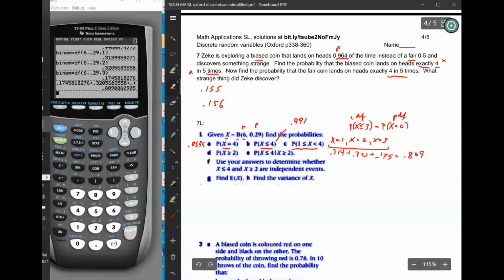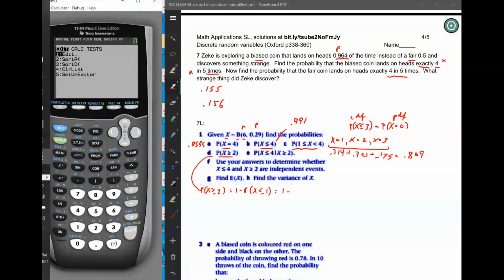Okay, and then the next one is, what's the probability that x is greater than or equal to 2? Remember, the calculator doesn't do greater than or equal to, so you need to reframe this as a less than or equal to problem. So you do 1 minus the probability that x is less than or equal to 1. So let's do binomial CDF, right? Because this is less than or equal to 1.